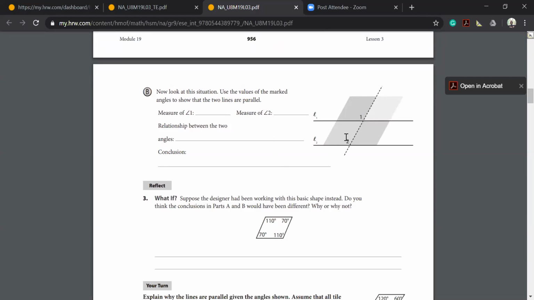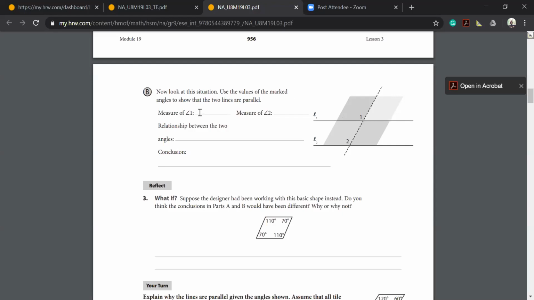Or even are they alternate exterior? Which one of them? Angle 1 and angle 2, both of them are down the lines L1 and L2, they are down the up. Sorry, this is not down. They are up. They are upper up the line, and both of them are on the left side. So these two angles are corresponding angles because they do the letter F, but this time it's a flipped F.